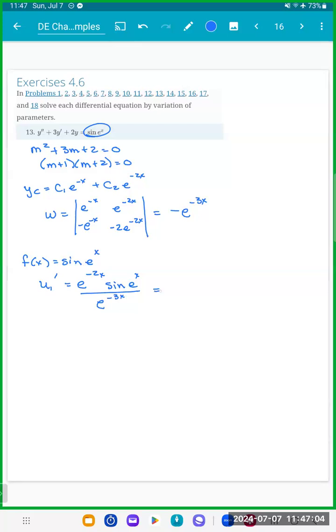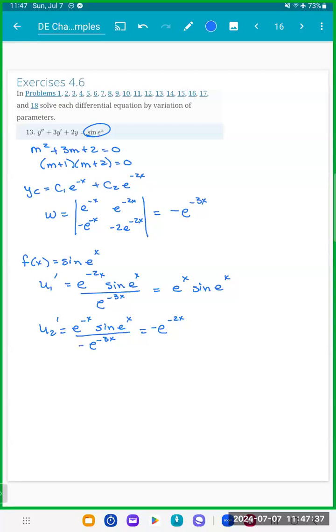Okay, simplify to e to the x sine e to the x. Our u2 prime is equal to e to the negative x sine e to the x divided by e to the negative 3x. And that one simplifies to negative e to the negative 2x.